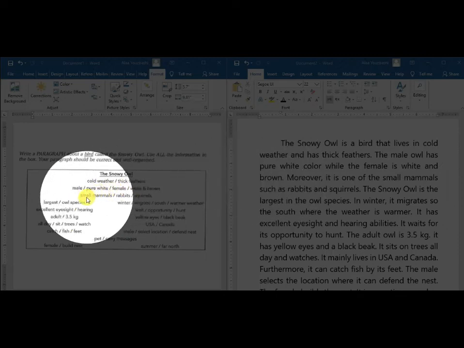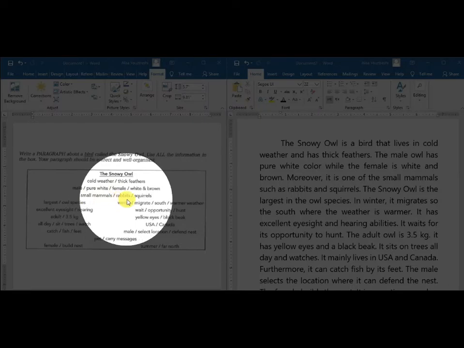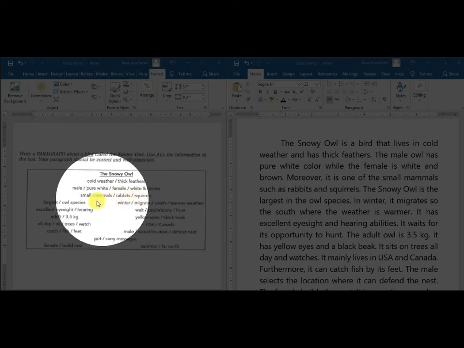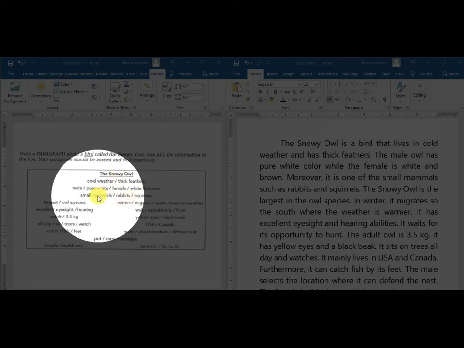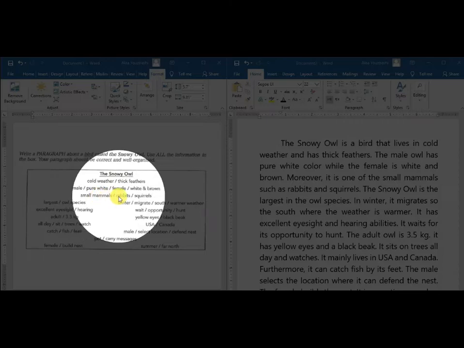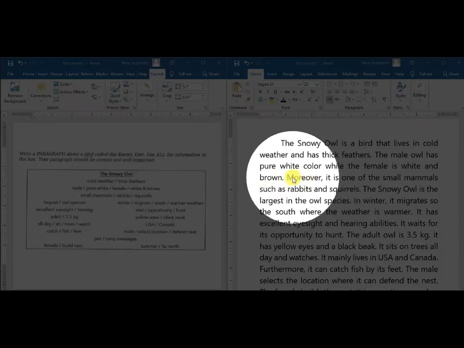Now the next piece of information, small mammals, rabbits, squirrels. Here they are giving me two other examples of mammals which are small, and the snowy owl is also small, so I think they belong to the same group. You can see here that I used a word, and this word is important to achieve the cohesion that we talked about a few minutes earlier.